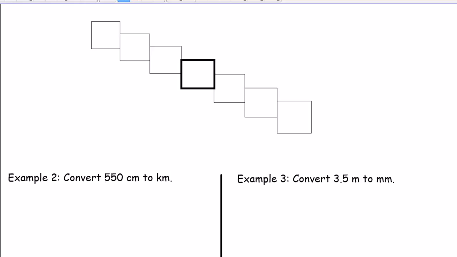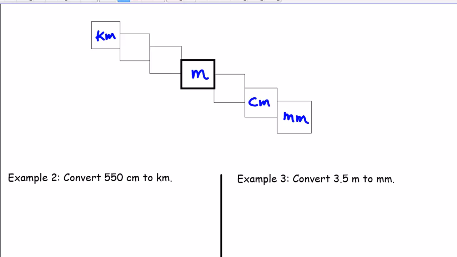Here is another example. Remember, your base unit goes in the middle, meter there. We have kilometer, and then we have centimeter and millimeter.